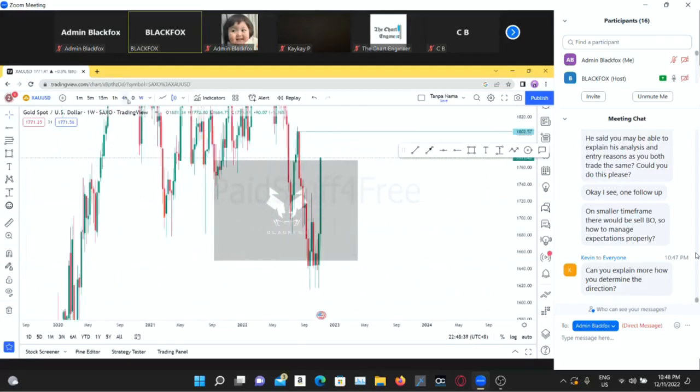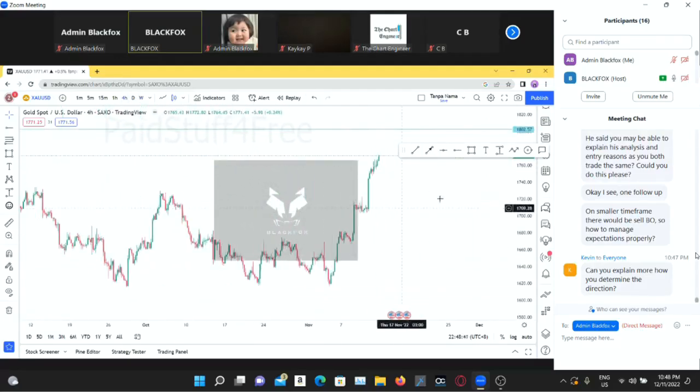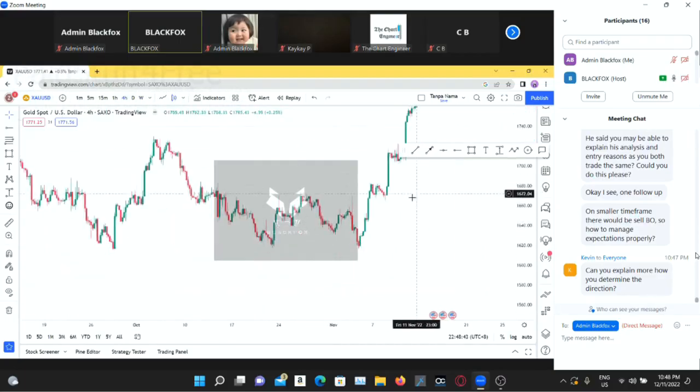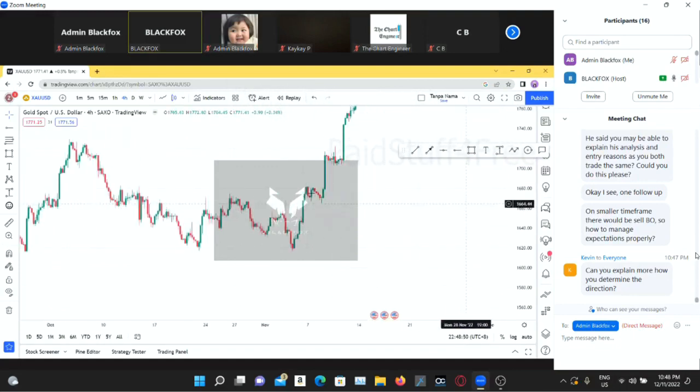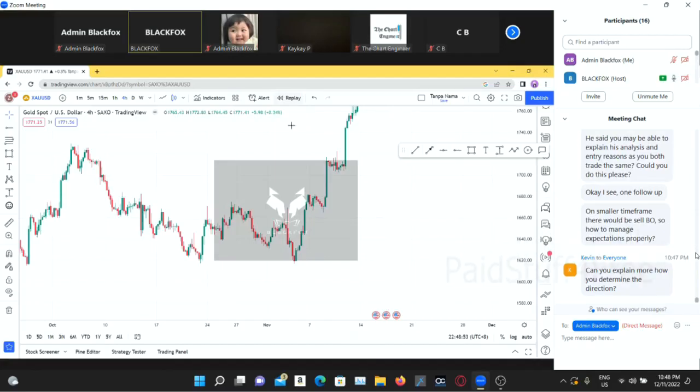So when at H4, H1 or lower time frame there is a breakout buy, I just follow the direction and use the setup. Is that answering your question, Kevin?